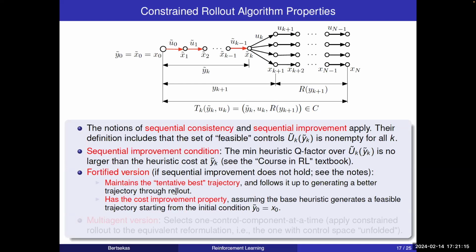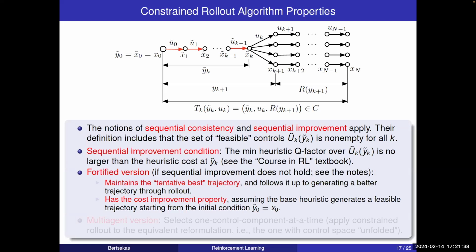If you do it this way, then you can have the cost improvement property. But there's a critical assumption that you have to make here, and that is that the base heuristic starting from the initial state x0 has to be guaranteed to find a feasible trajectory. If you don't have this assumption, then there's nothing you can prove.